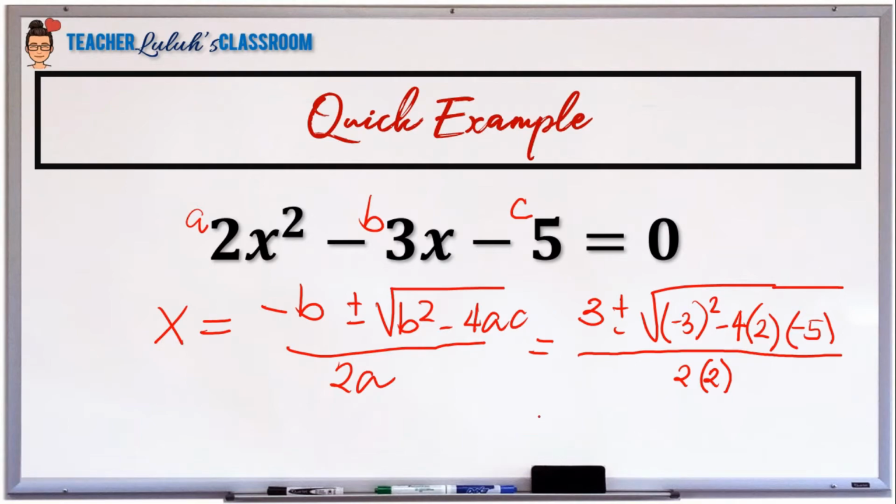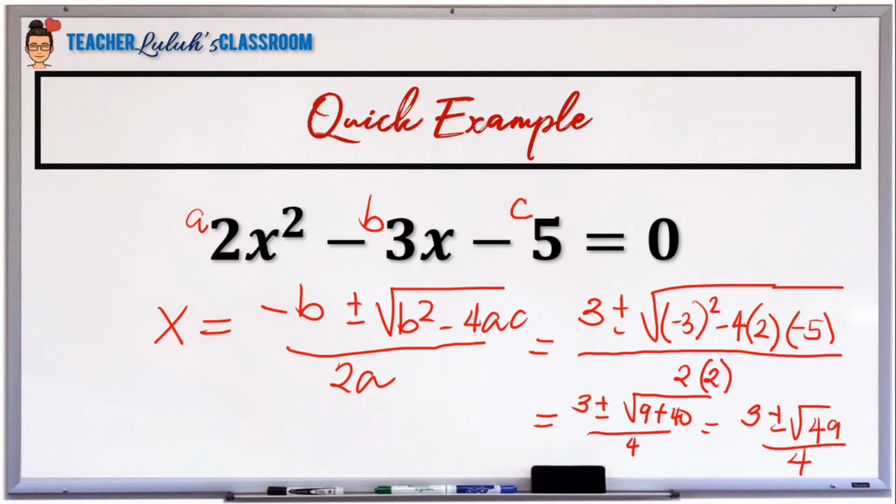Okay, be careful with the sign. Simplifying that, we will have 3 plus minus the square root of 9 plus 40 all over 4, which is 3 plus minus square root of 49 over 4.